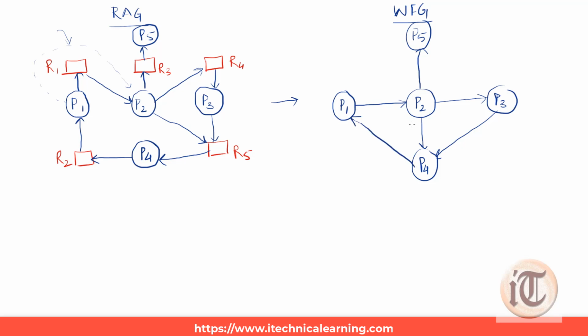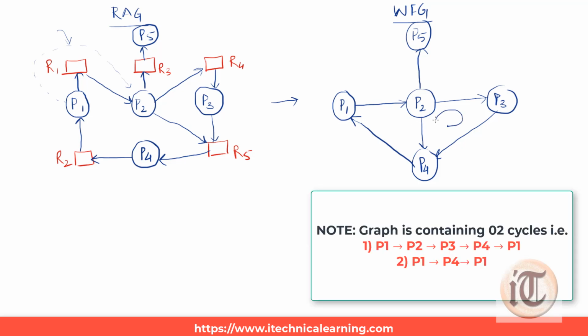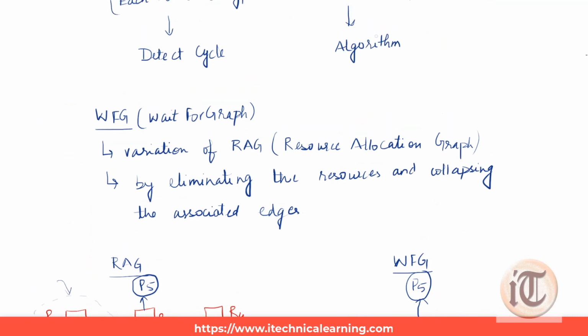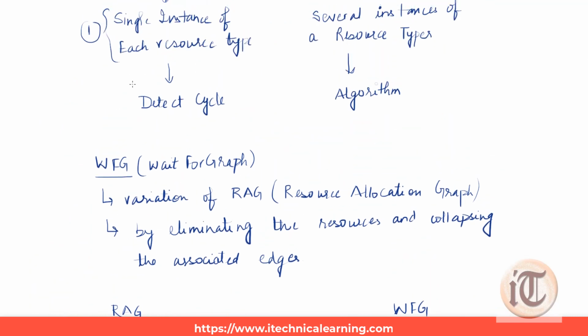Now we can see this graph contains two cycles, cycle number 1 and cycle number 2. What was our idea behind this? We were trying to identify or detect the cycles.